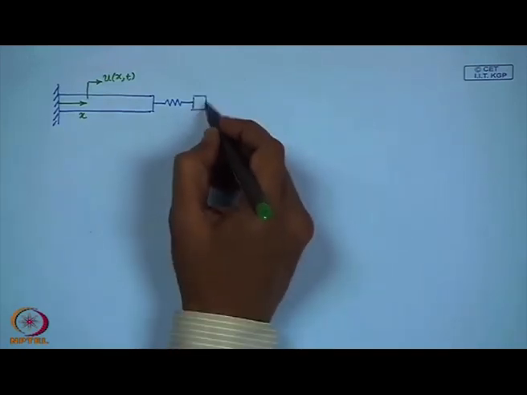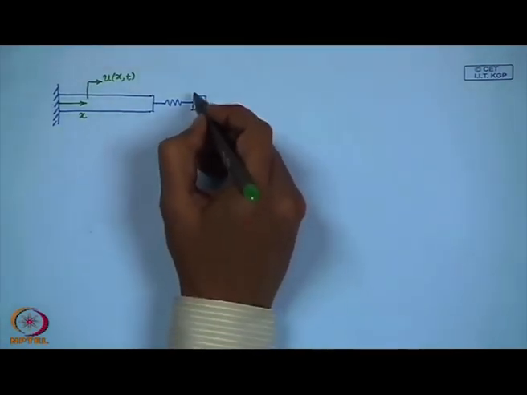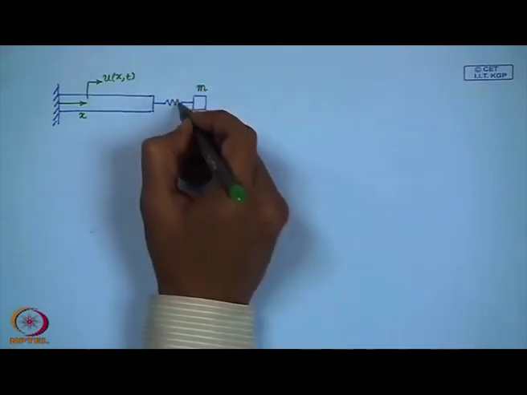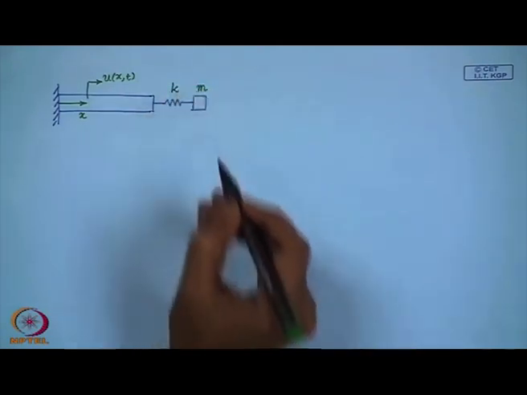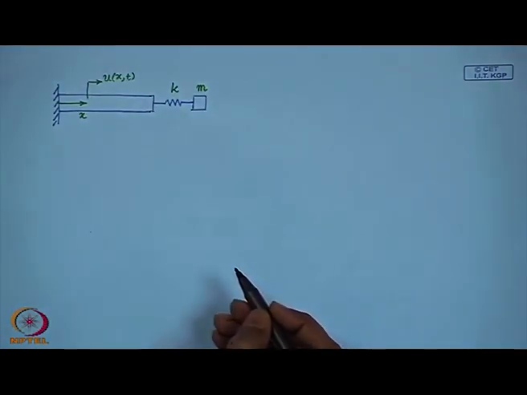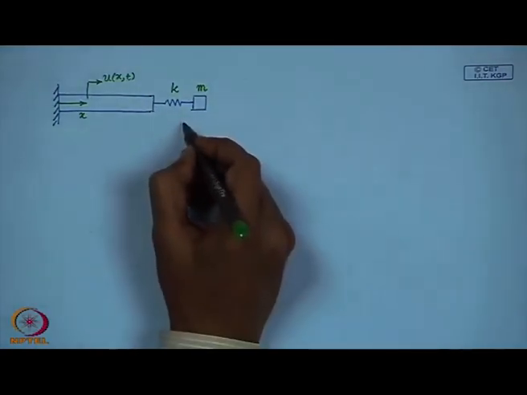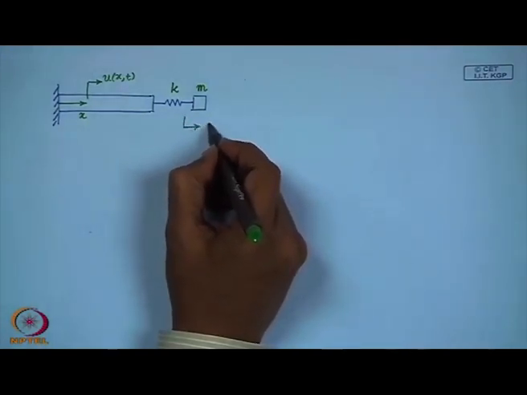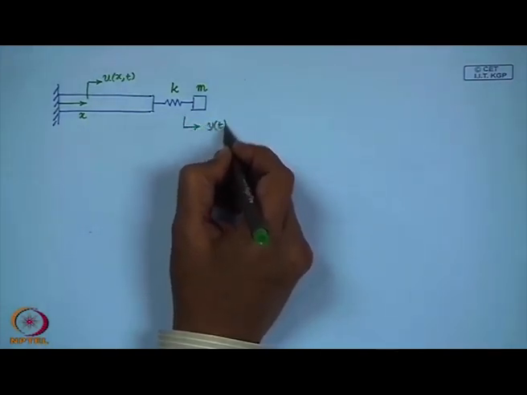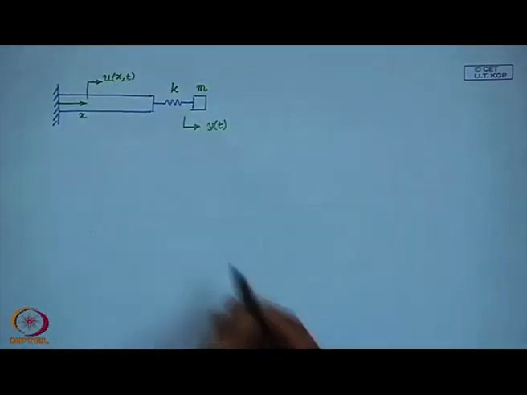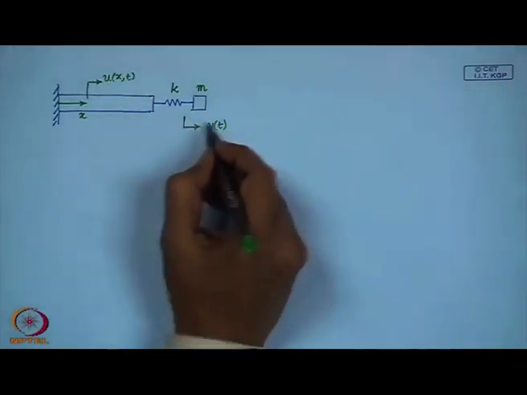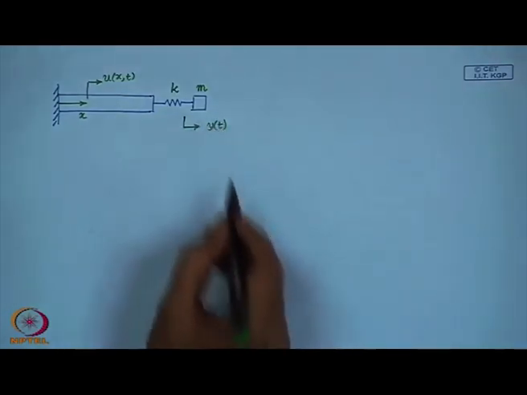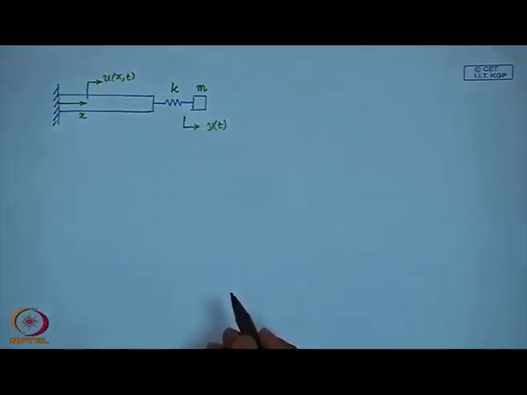So, this is a point mass attached with a spring of stiffness K. The displacement of this mass from the equilibrium position is measured by this coordinate y.